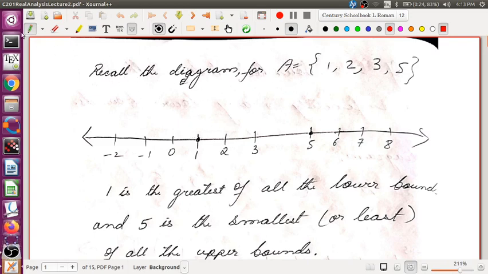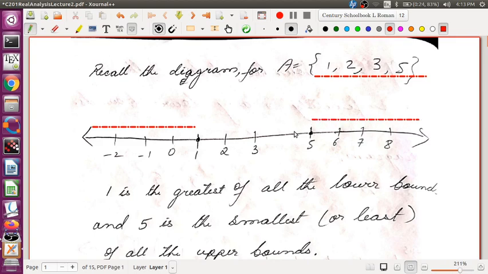So this is the set A equal to {1, 2, 3, 5}, which is a finite set. For this set, 1 is a lower bound, 0 is a lower bound, anything less than 1 is a lower bound, that I had explained. Anything greater than 5 is an upper bound, right?